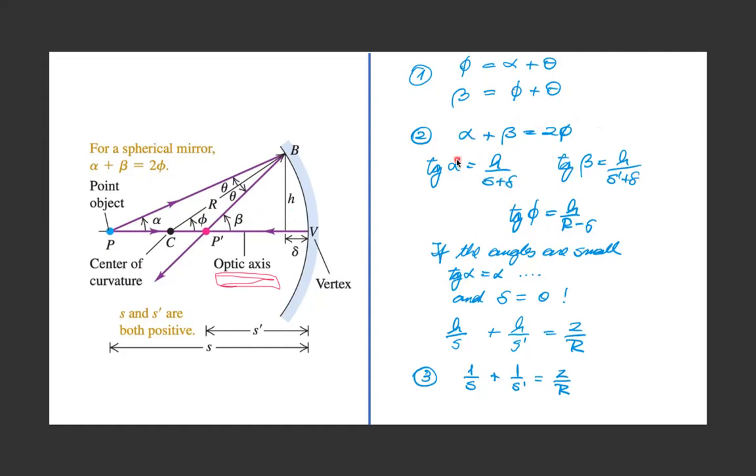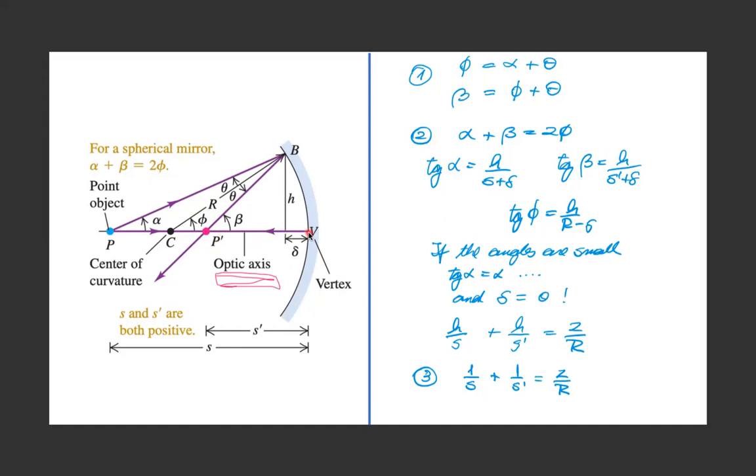So then I recognize that tangent alpha is equal to h divided by s minus delta, not s plus delta. This is minus delta here. I'm sorry. I will fix it later, okay?